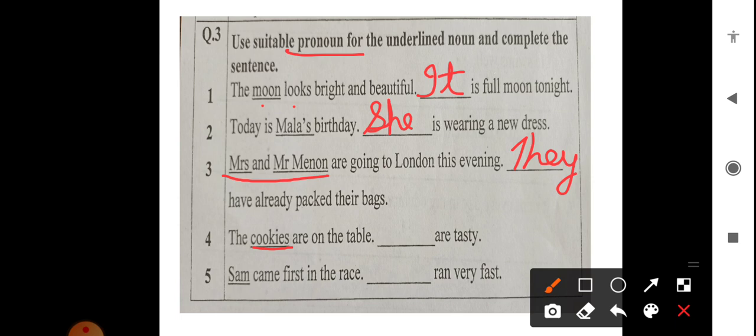So, for more than one cookie, we are going to use, they are tasty. Sam came first in the race. Dash ran very fast. Now Sam is a boy. So we will use the pronoun he. He ran very fast.